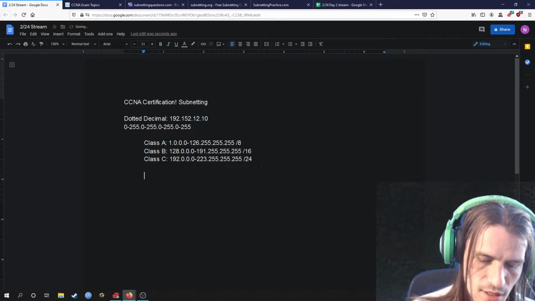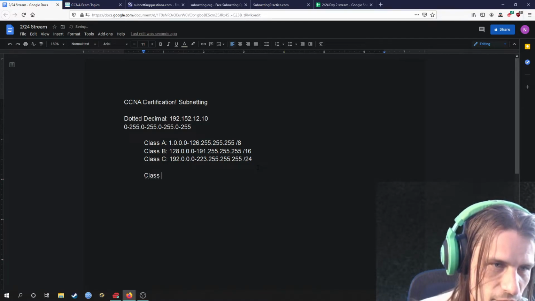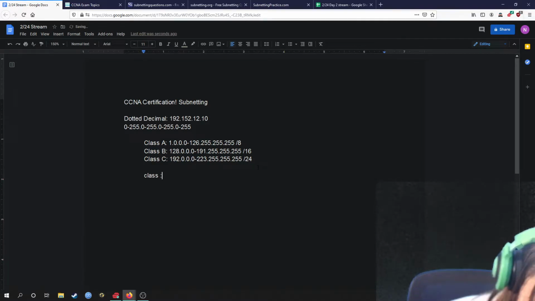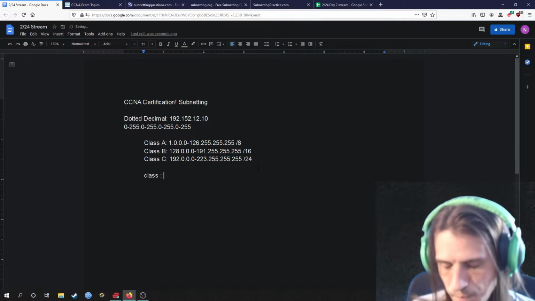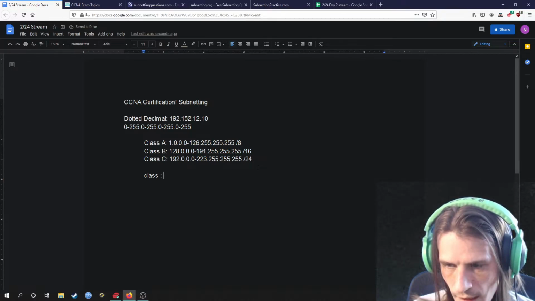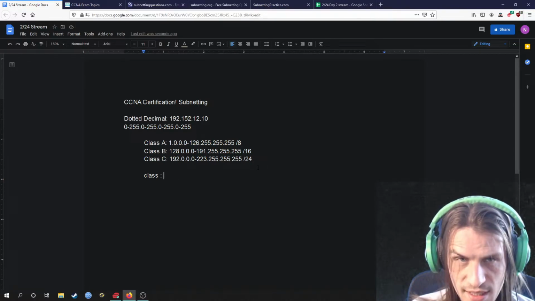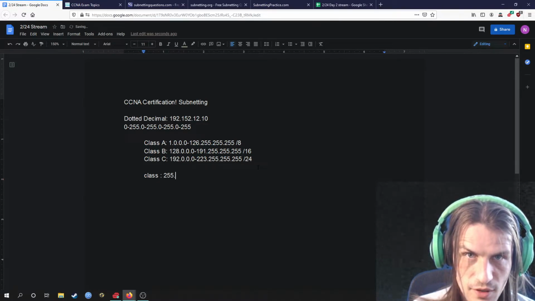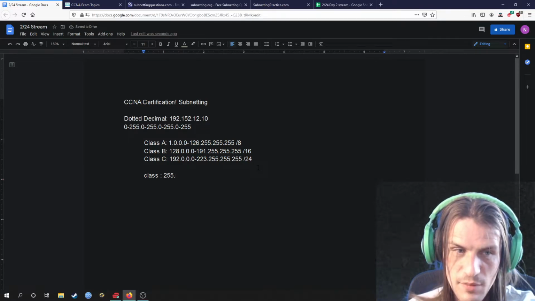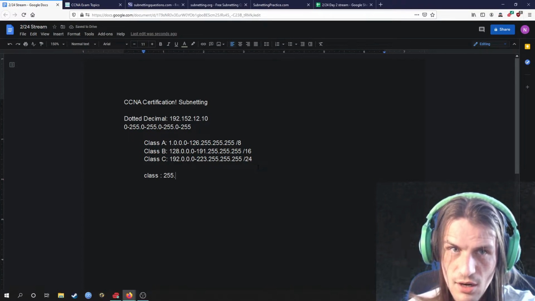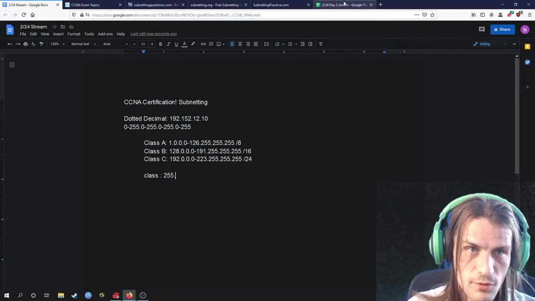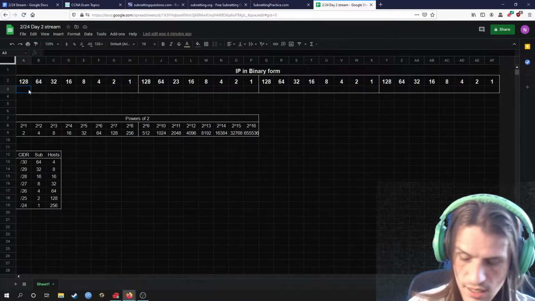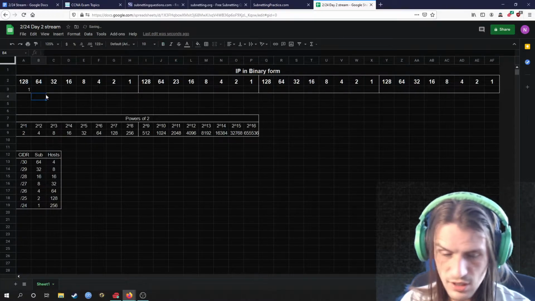The default subnet for a class A is a /8. That means all the bits in that octet are in the on position, 255, for the first octet. So /8 means the first 8 bits are on. If we go back here and look at the first 8 bits of an IP address, these are all in the on position.